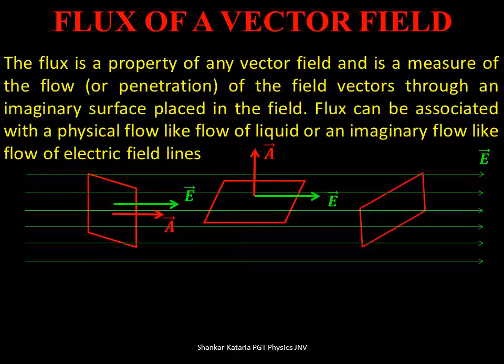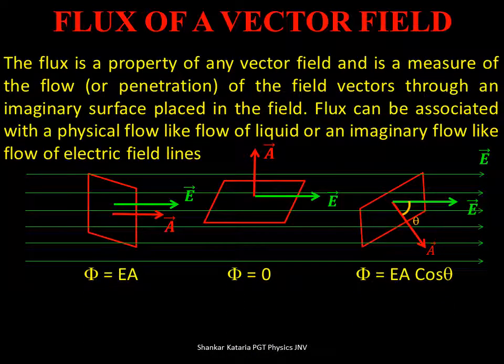Another case can be if this area is placed at some angle with the electric field, let that angle be theta. Then we can define a term called electric flux, which is associated with this area.